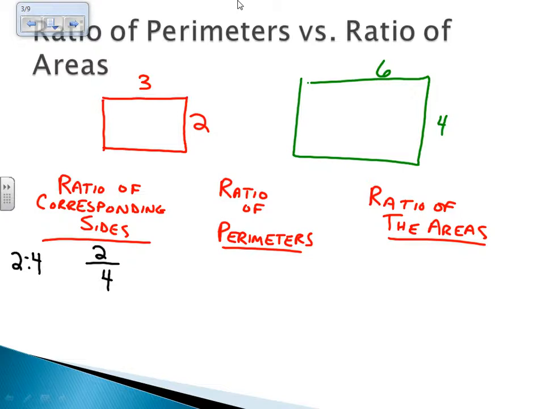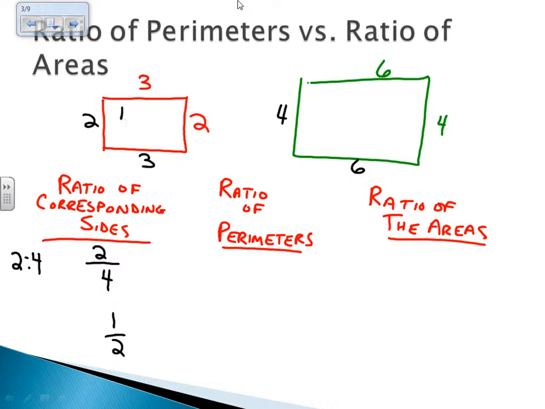When you're given these problems, always reduce. 2 to 4 reduces to 1/2. So the ratio of my corresponding sides is 1/2. The ratio of my perimeters: well, this is going to be a 2, this will be a 3, this will be a 4, this will be a 6.